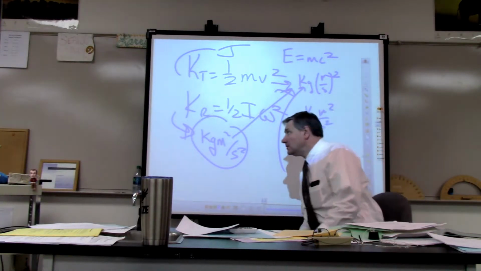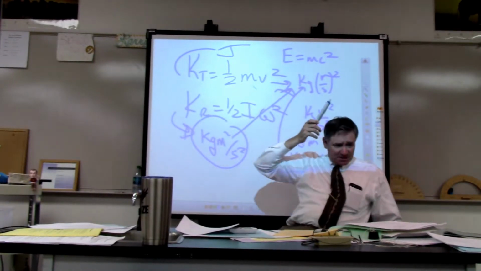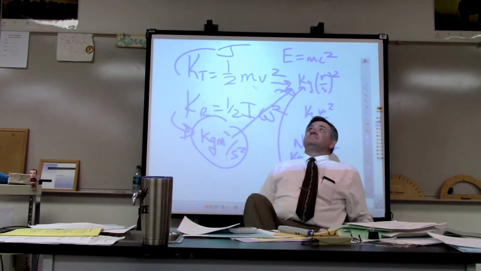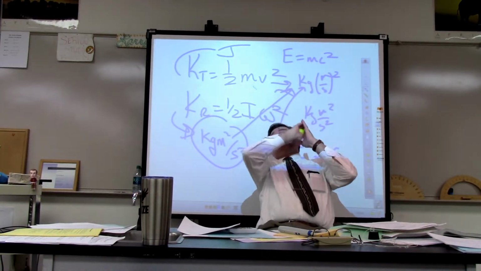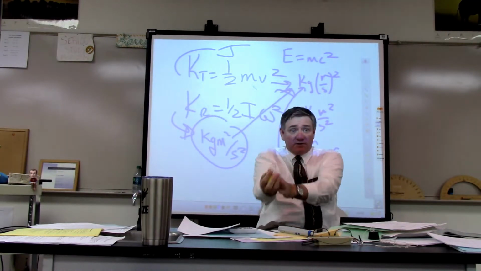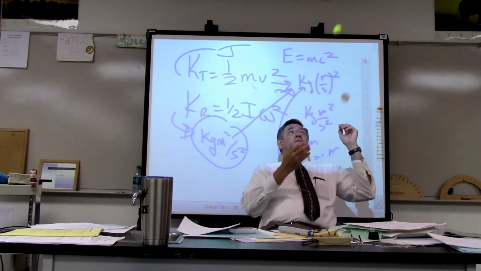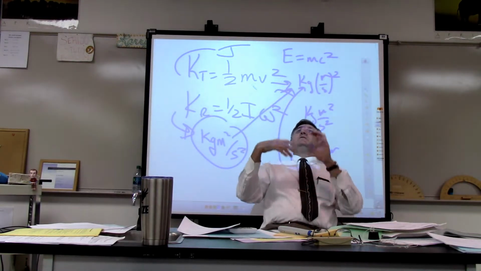Okay, so let's talk kinetic energy. If I take this golf ball and throw it up in the air, does it have a certain amount of kinetic energy while it's in the air? Yes. Why? Because it's got velocity and it's got a mass. So here's the question.